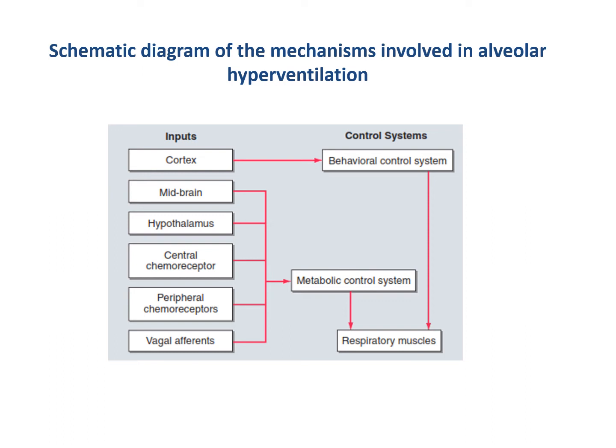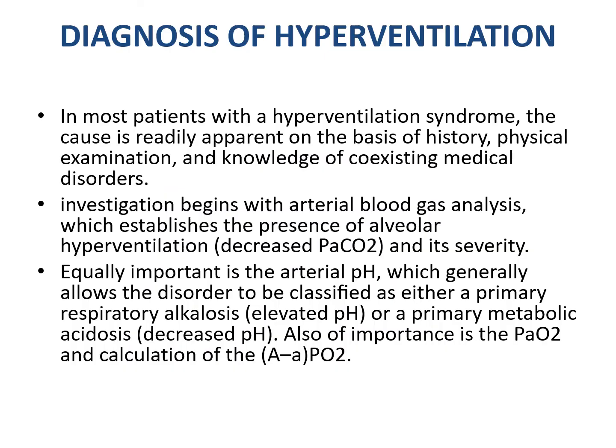Here you have a schematic diagram of the mechanisms involved in alveolar hyperventilation. In most patients with a hyperventilation syndrome, the cause is readily apparent on the basis of history, physical examination, and knowledge of coexisting medical disorders.